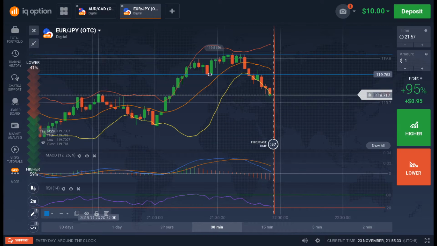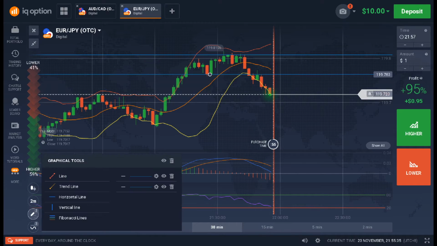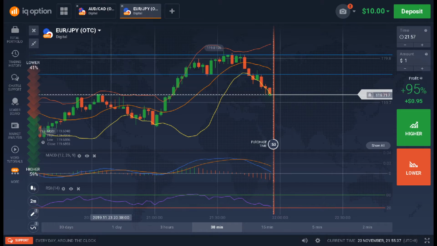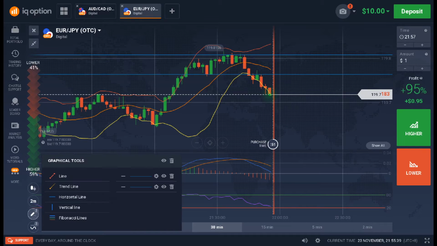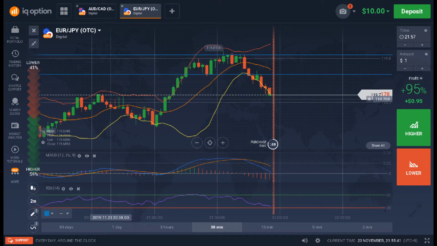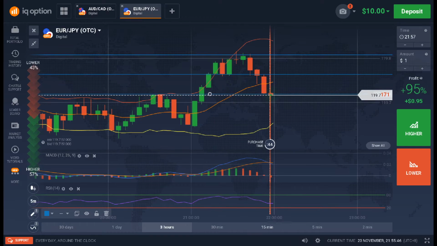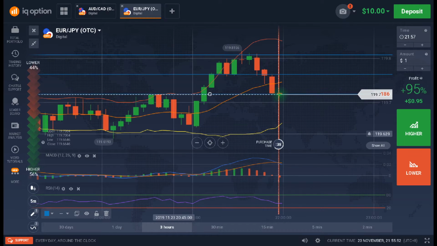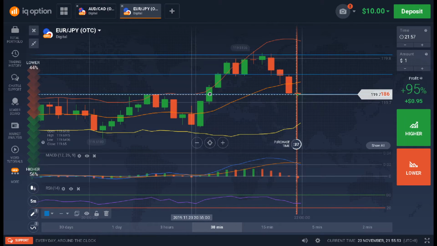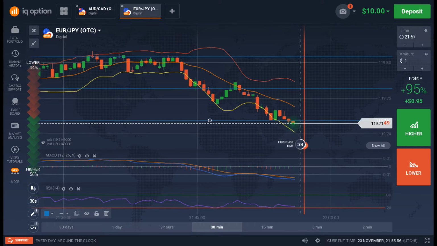There's another resistance that we see here. Okay. So that later on, when we go to a much faster time frame, we would know the possible areas of support and resistance. I am using the 30-minute time frame at the moment.